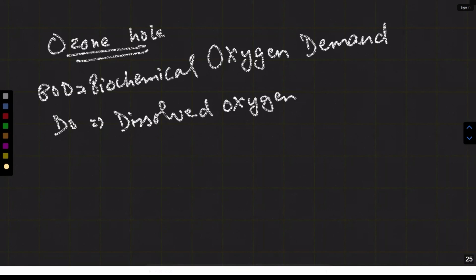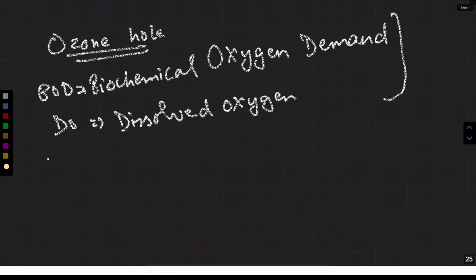So these two are basically important for underwater animals like fishes, because for them to do respiration, they need dissolved oxygen. So basically, clean water should have a BOD value of less than 5 ppm, and highly polluted water has a BOD value of 17 ppm or more. So these BOD values you should remember, because these are asked directly in JEE Mains.